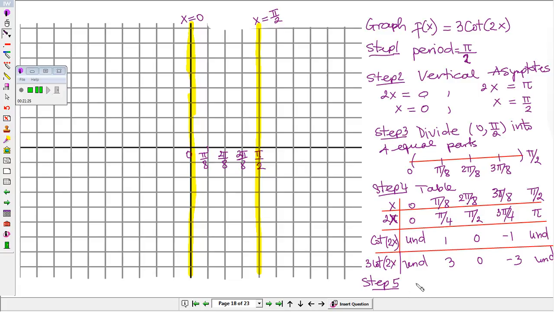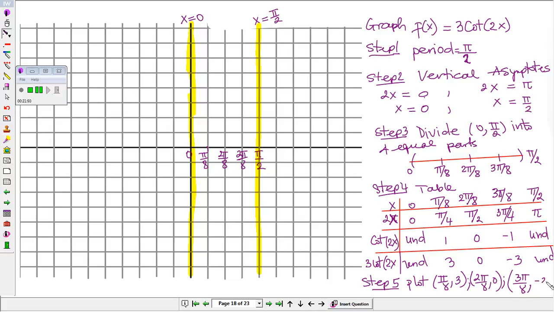Now step 5, we will plot the 3 points. The first point will be pi over 8, comma 3. The second point will be 2 pi over 8, comma 0.